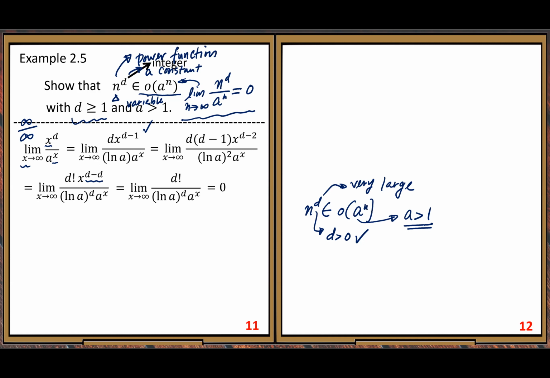Many students got confused or couldn't get to the point. I ask you to compare which one is larger when n is very big. One is n to the 1 million, 60 after 1. Another one is a to the nth.